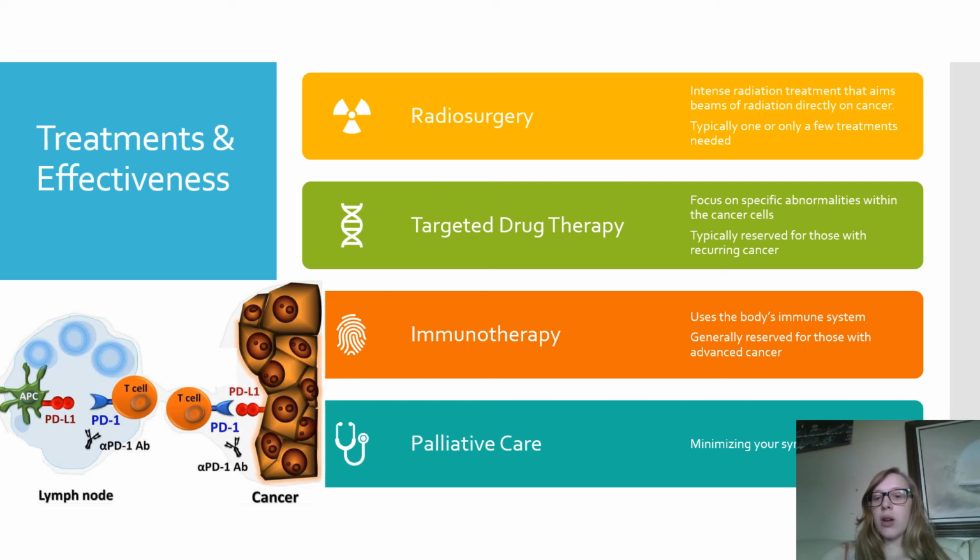There's also immunotherapy, which uses the body's immune system. It tricks the immune system into targeting its own cells instead of just letting the cancer cells live. And it's generally only reserved for those with advanced cancer.